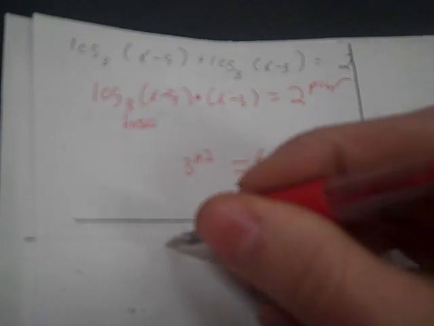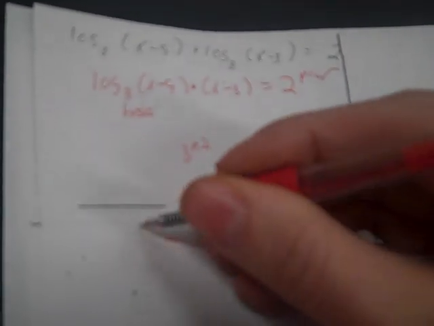Now the log's gone. Now come down here and simplify it. 3 to the second is 9. Then I need to use my scratch paper to find that product. I have x minus 9 multiplied by x minus 3. Those would be 1s. This is a FOIL, since I have 2 things in each parentheses.